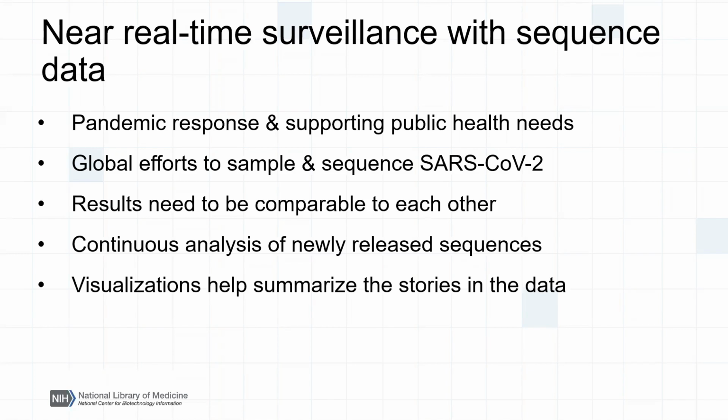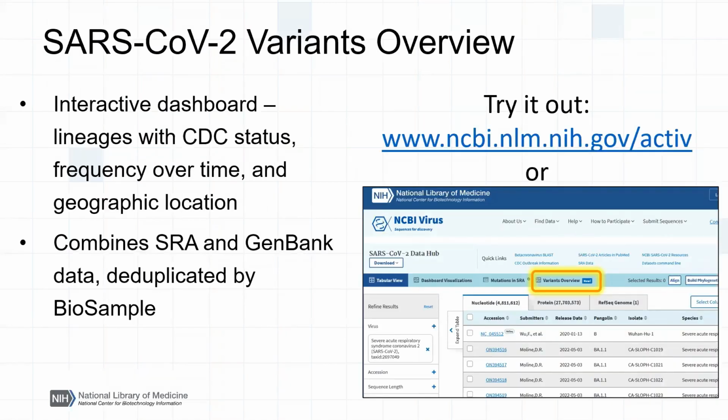And the information that we're using for this is really developed through global efforts to sample and sequence SARS coronavirus 2. So people who are going out there and doing the swabs and collecting the samples have really put tremendous effort into making this data publicly available. We identified common questions that a researcher or someone in public health might have.